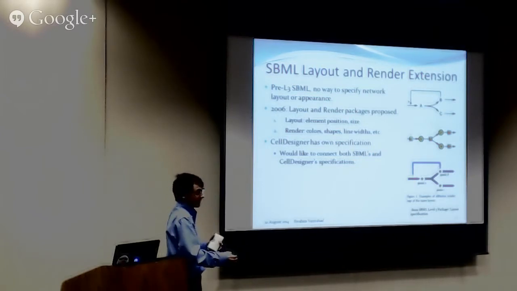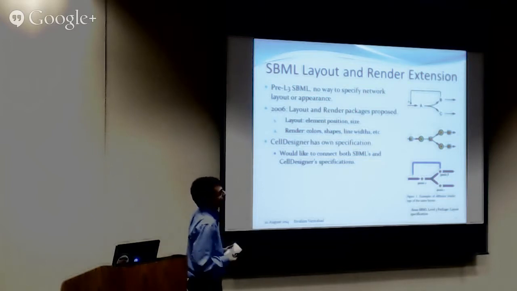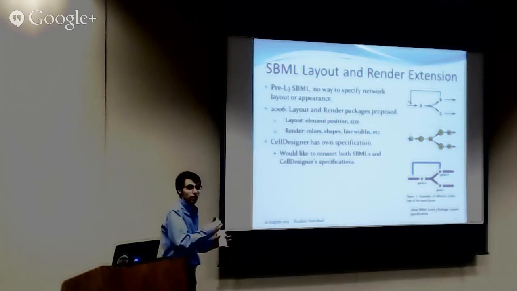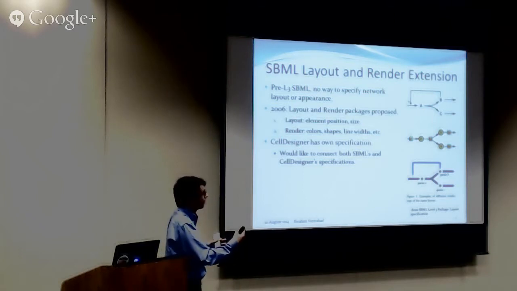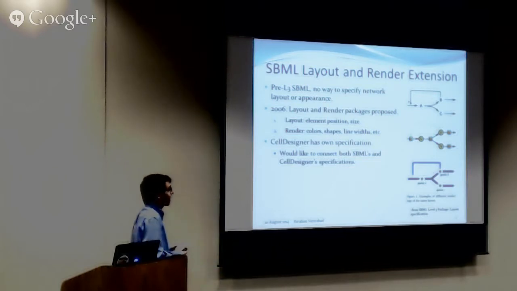But in 2006, the layout and render packages were proposed as extensions to SBML. Just to review, the layout extension deals with how model elements are positioned and what their sizes are, and the render extension goes along with the colors, sizes, line widths, etc.